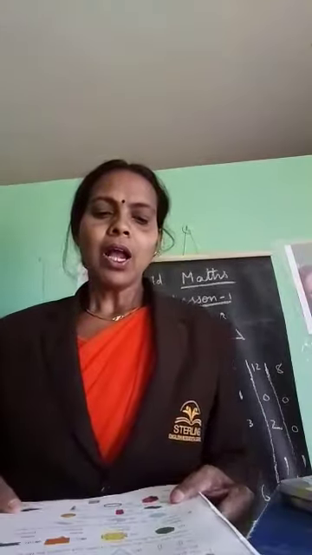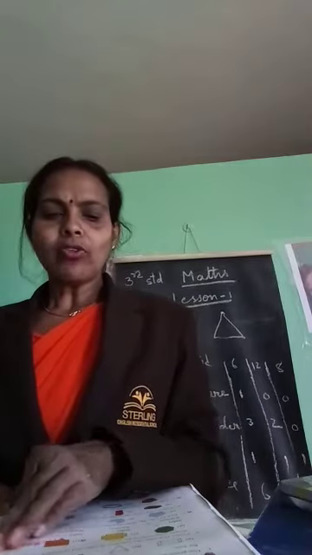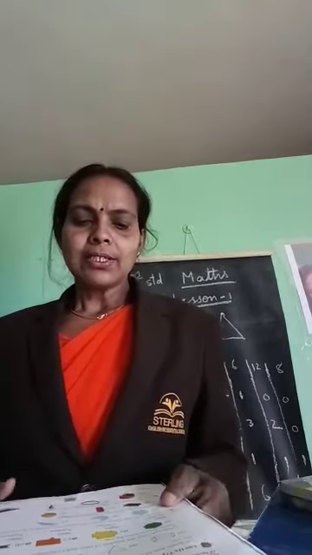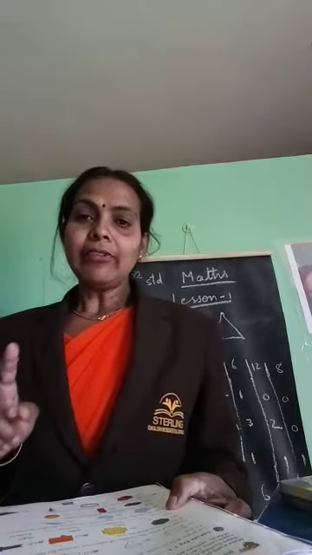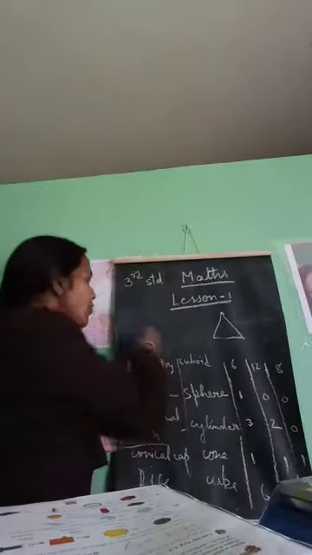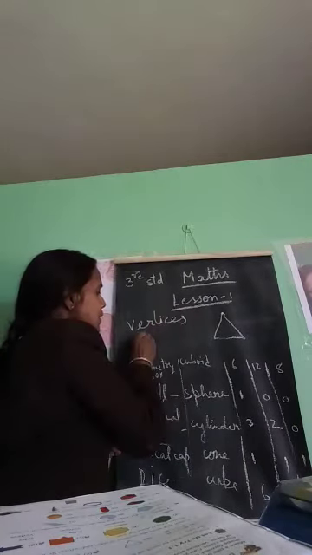Got it? Now, second question. Count and write the number of sides and vertices for the following flat shapes. One is done for you. See here, sides and vertices you have to find. Vertices means corners.